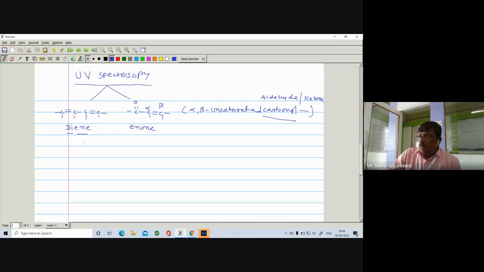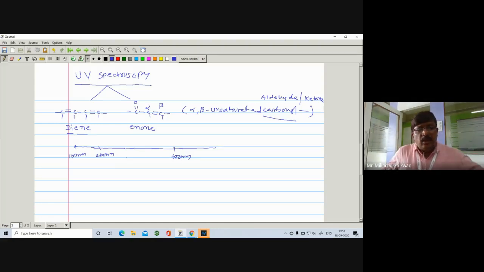Now here we'll see what is the range for this UV. In UV you are using ultraviolet radiation. The range for UV spectroscopy starts from 100 nanometer to 200 nanometer, and 200 nanometer to 400 nanometer, right?